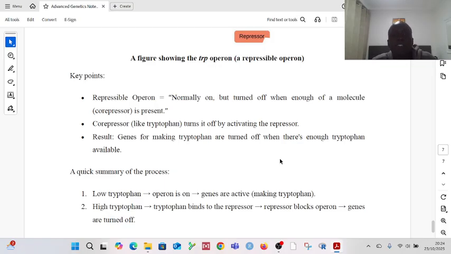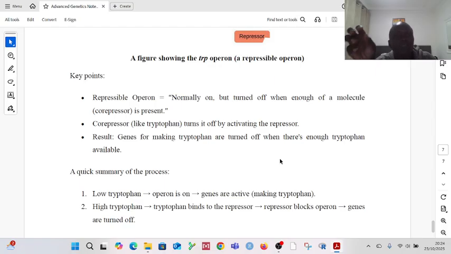What helps to turn off this operon is a co-repressor, in this case something like the amino acid tryptophan. The co-repressor binds to the repressor. Then the repressor becomes active. Once the repressor is active, it goes and binds to the operator. Okay? The active repressor binds to the operator.